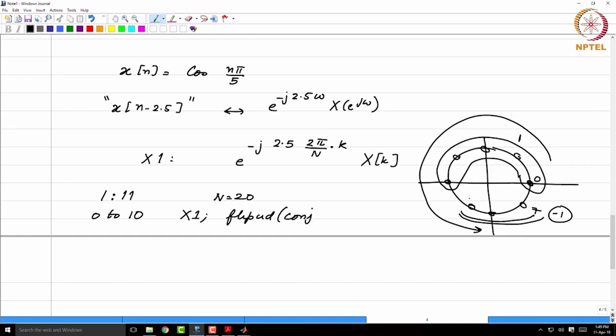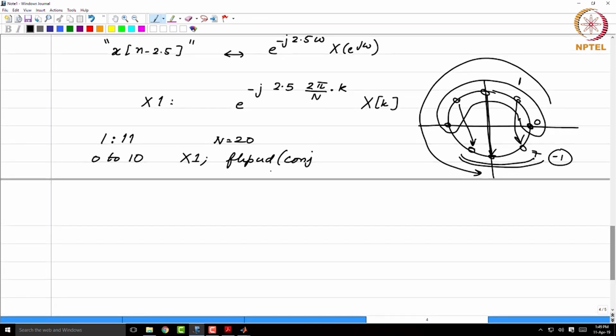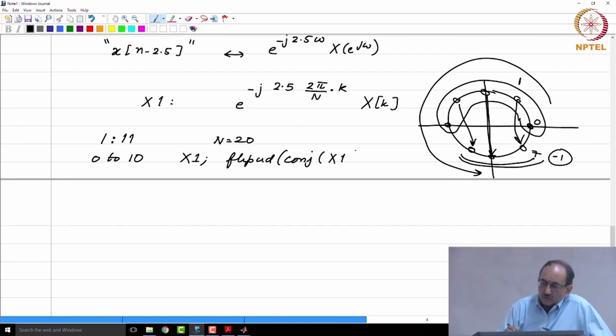Therefore, we have to take this vector and then this has to come here, this has to come here and this has to come here. So that is why you need this flipud, and then you have to conjugate because it is x star of N minus k, and then you need to take the vector x1, and start off with the second sample, because the first sample corresponds to index k equal to 0, which you do not want to repeat.